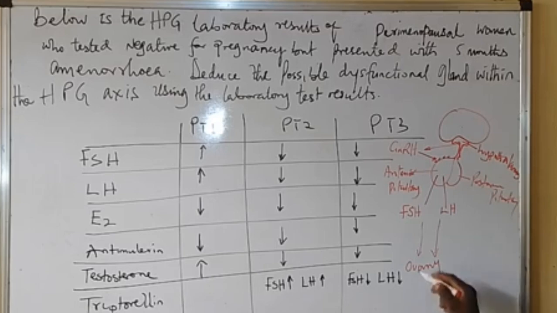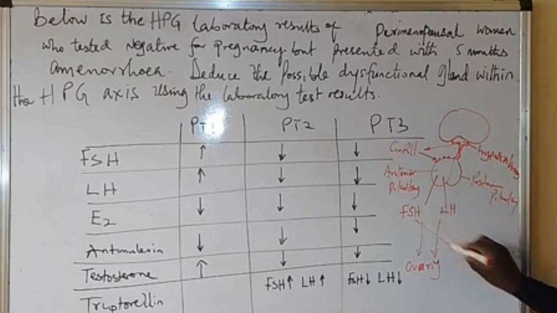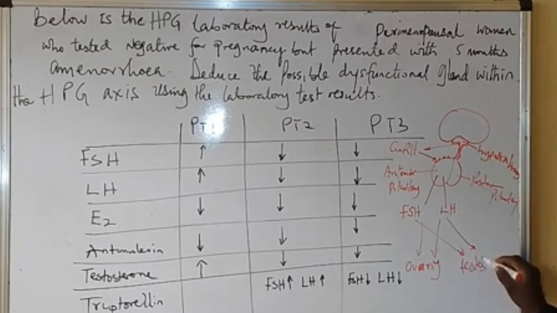For the female, the gonad is the ovary, and for the male, the gonad is the testes. The ovary and the testes are the gonads. The ovary, in response to FSH and LH, releases estrogen, progesterone, and also androgens.